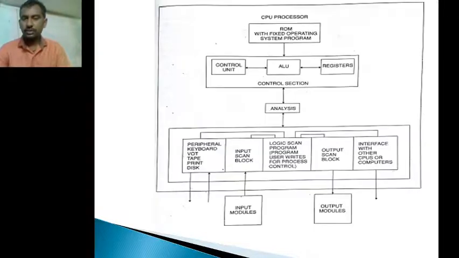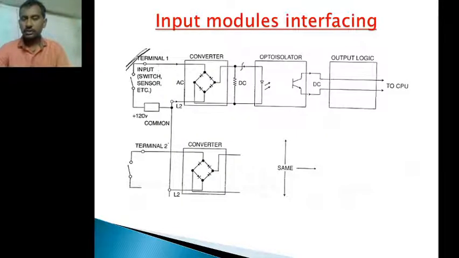Now in this video we will see the input modules and output modules and their interfacing, and some of the power supplies and some programming equipment, etc. Coming to the input modules, the operation of the input modules and the output modules can be explained mainly in four stages.